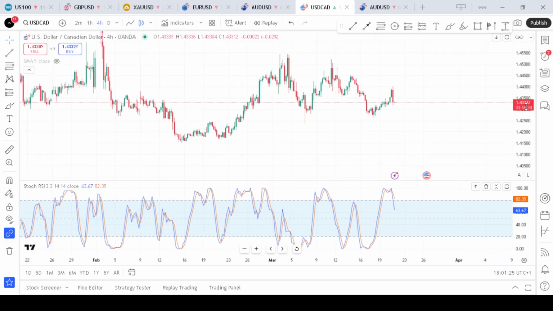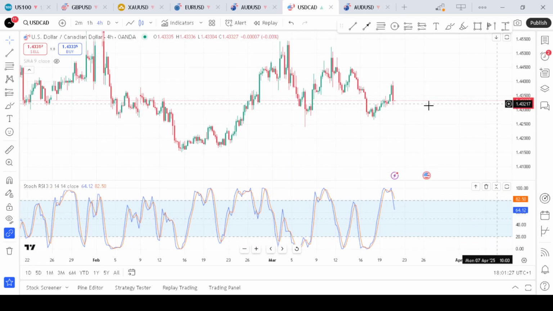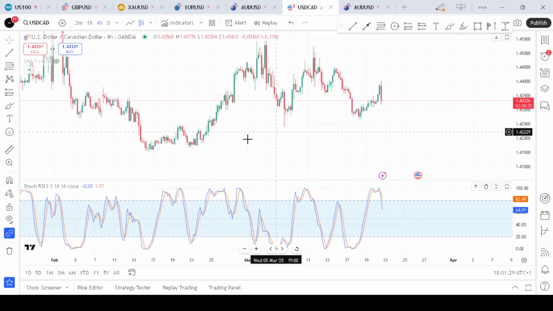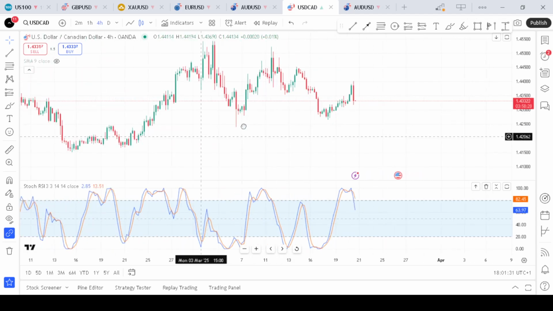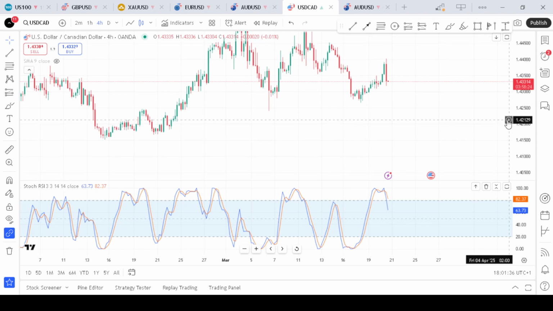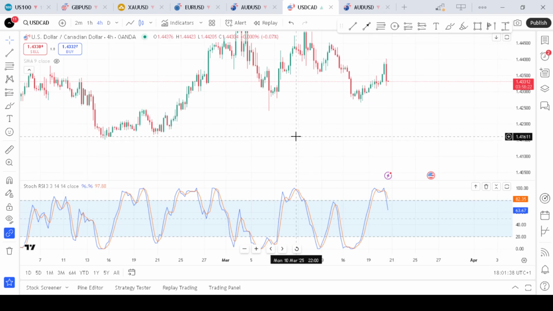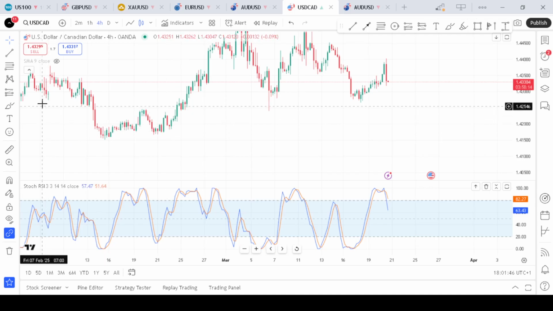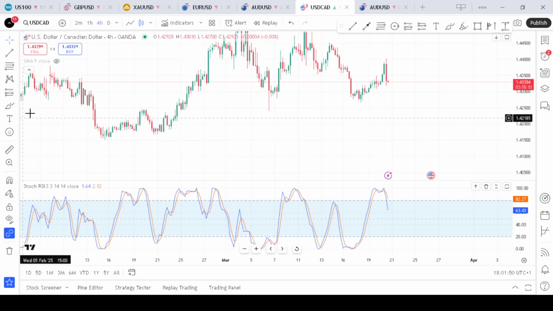You choose the currency pair you are willing to trade, and I'm making use of USD against the Canadian dollar. Remember, the 4-hour or daily time frame is ideal for swing trading because it has a good balance between noise reduction and timely signals.